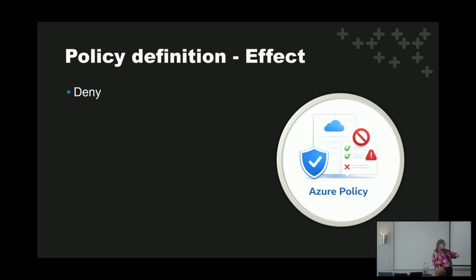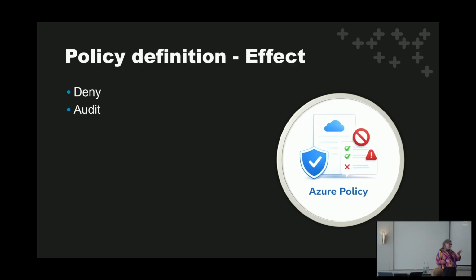It doesn't apply to something that you already have in the subscription, but it applies to the new stuff. For the things that are already there, you will be able to see who breaks the rules, but it can't do anything about it. We have audit, and that's the nice version.